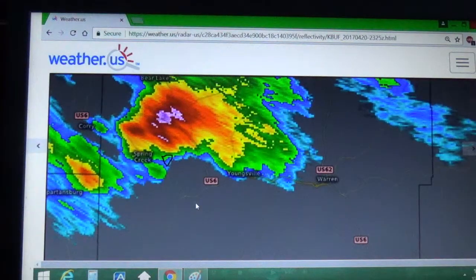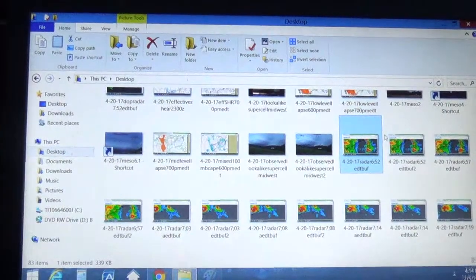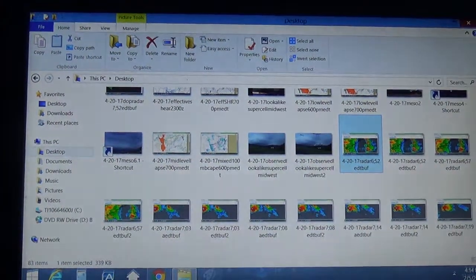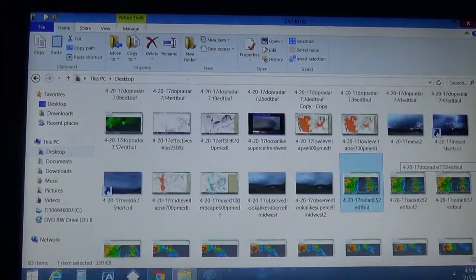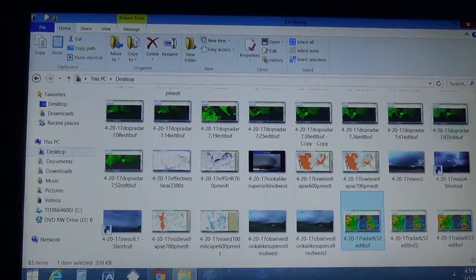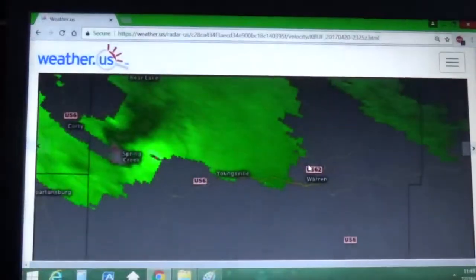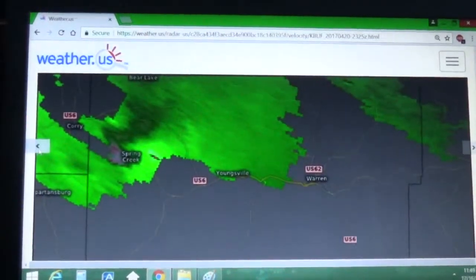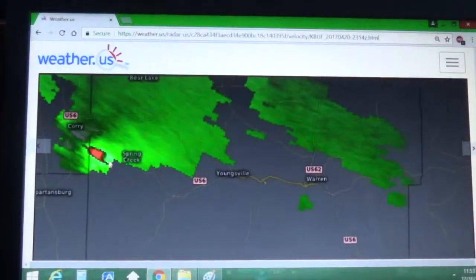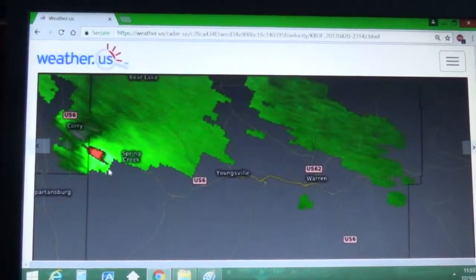Okay, and now we're going to go into the time where I think a tornado warning definitely should have been issued, even though you see very strong shear line here.